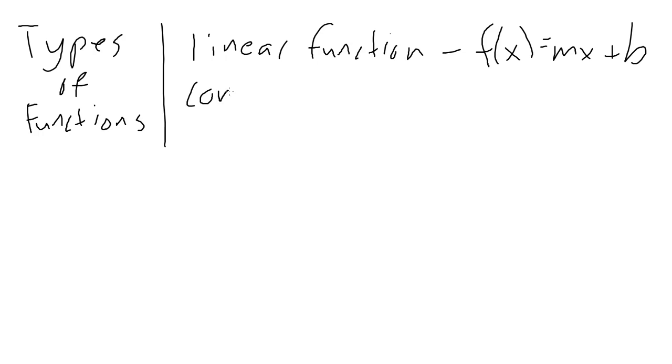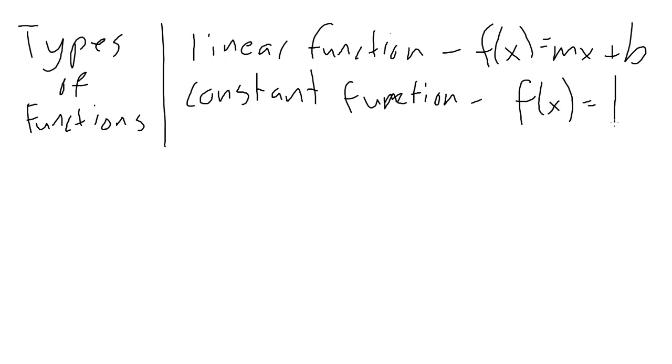And then you could have a constant function. That would be like if you had f of x equals just a constant b. And remember, that would represent a horizontal line. And then you could have the power or root function.